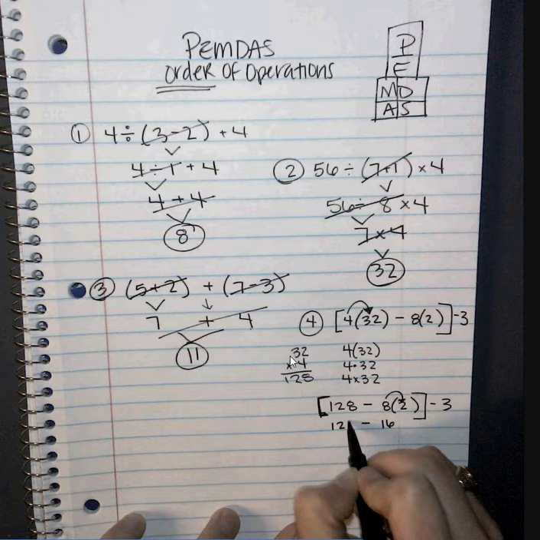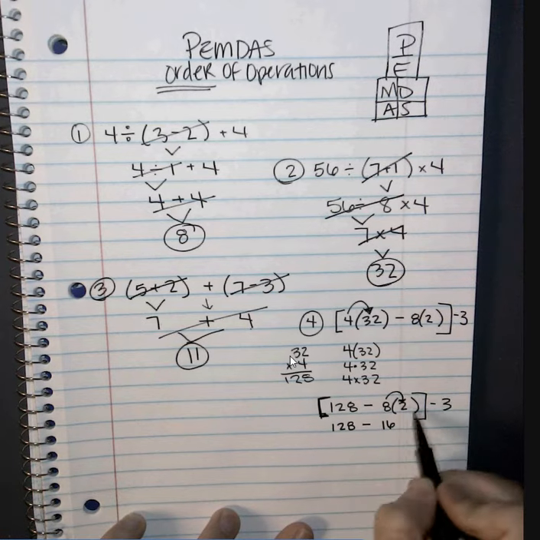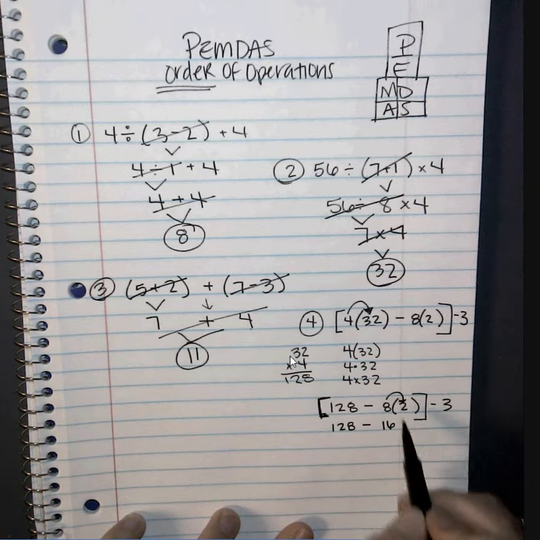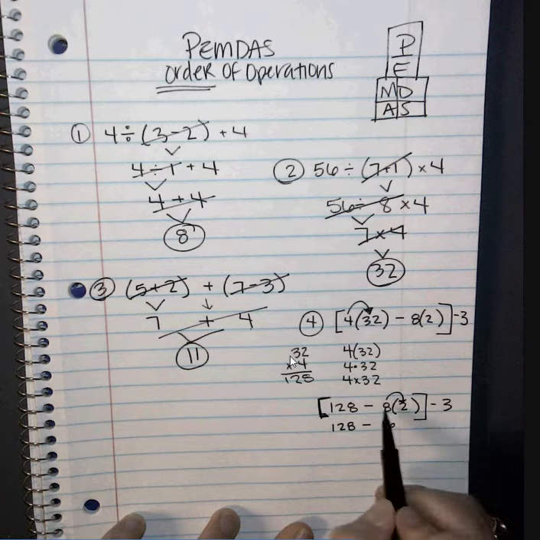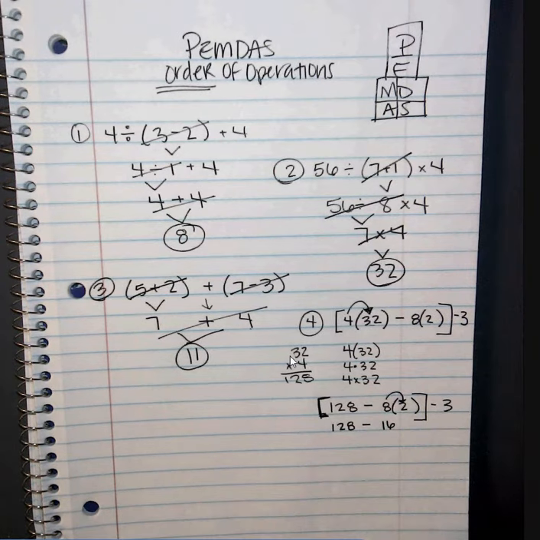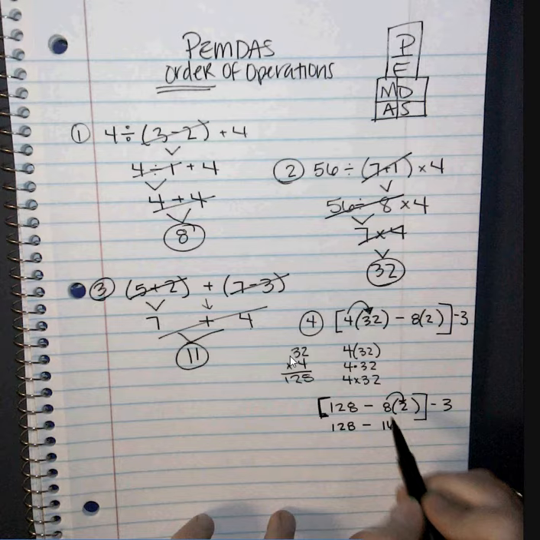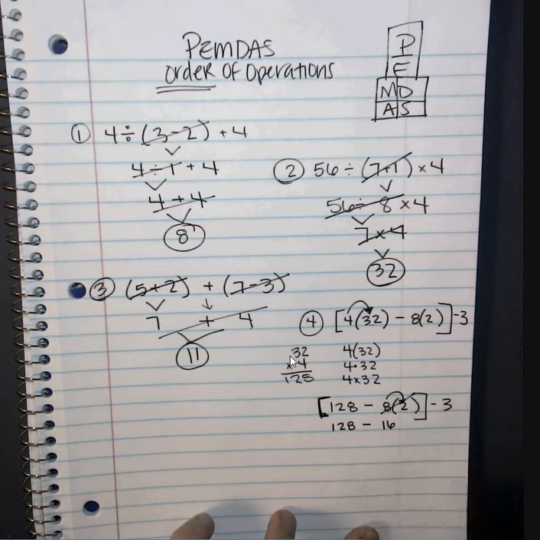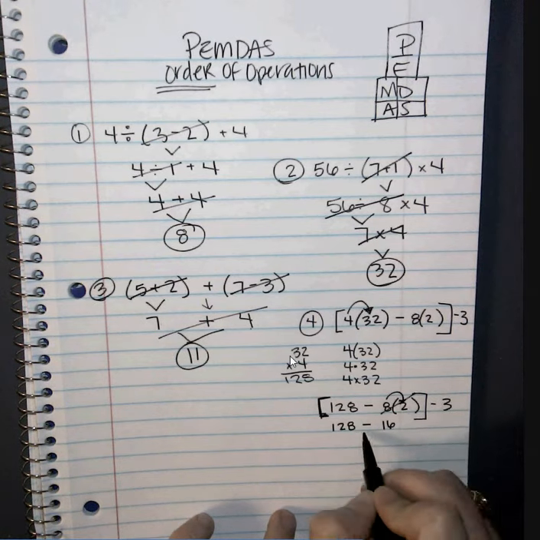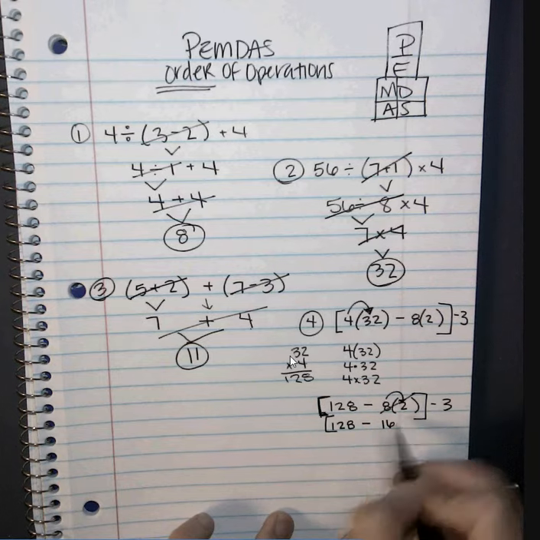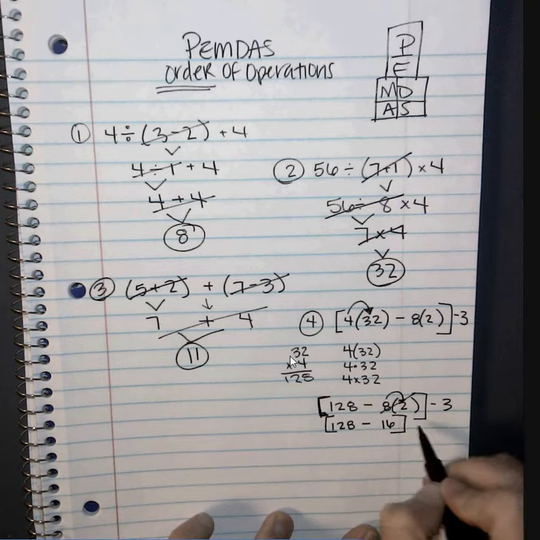So again, anytime you see parentheses with nothing inside except that one number, whatever's on the outside is going to multiply to that number. So I'm going to cross those out. So now I have 128 minus 16, inside brackets, minus 3.